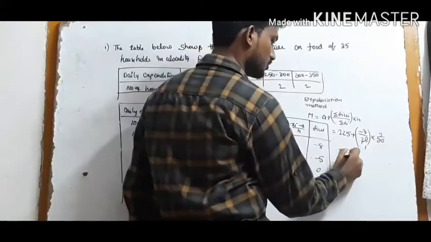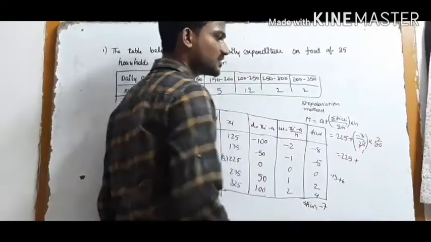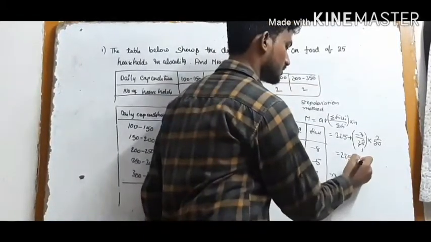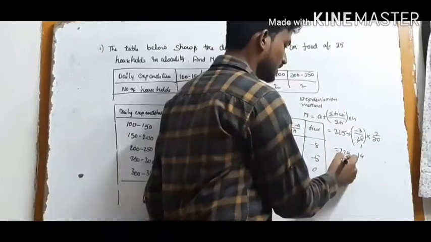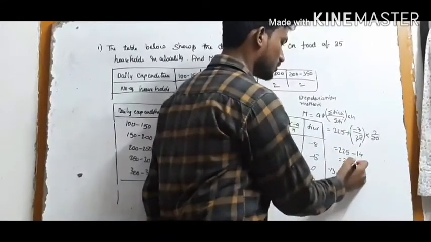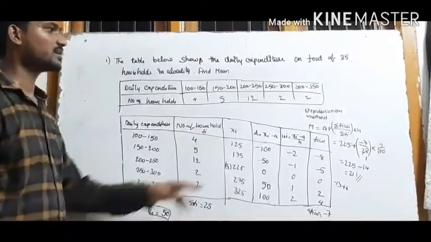Then it equals 225 plus minus 7 into 2, that is minus 14. 7 twos are 14. Plus into minus is minus, that is minus 14. Then 225 minus 14 is 211. 211 is the mean of these observations by the step deviation method.